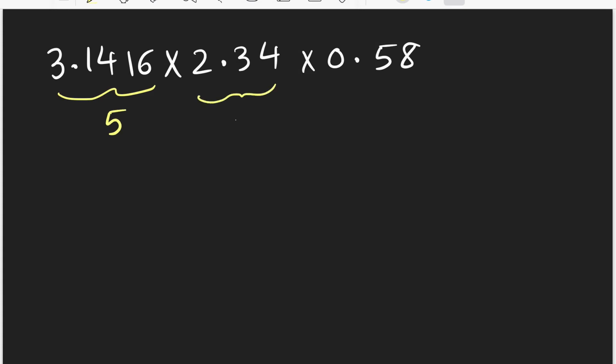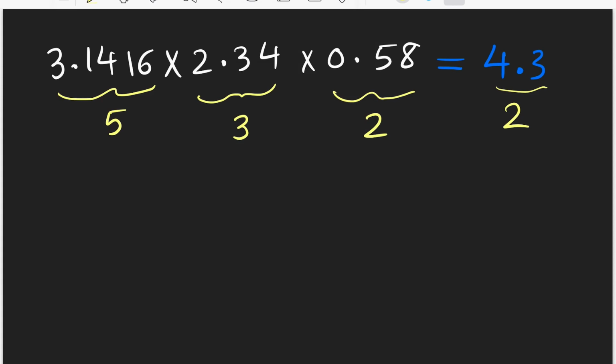The second one has 3 significant digits, and the last one has only 2 significant digits. So the result is accurate only until 2 significant digits. So I should write the result as this, which has only 2 significant digits. So when you calculate this product by a calculator, you will see more digits, but you should ignore all of them because they are not certain.